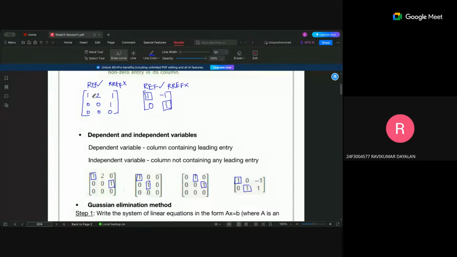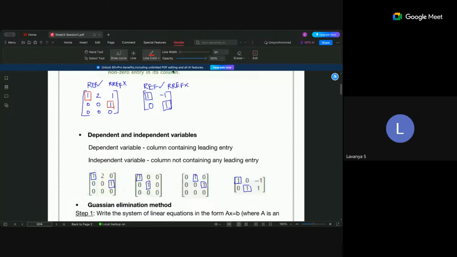It is not having 1, so still it is RREF. See, the thing you should understand is that this is a leading entry and this is a leading entry. You should look at the columns which contain the leading entry, not all the columns. Okay, fine.